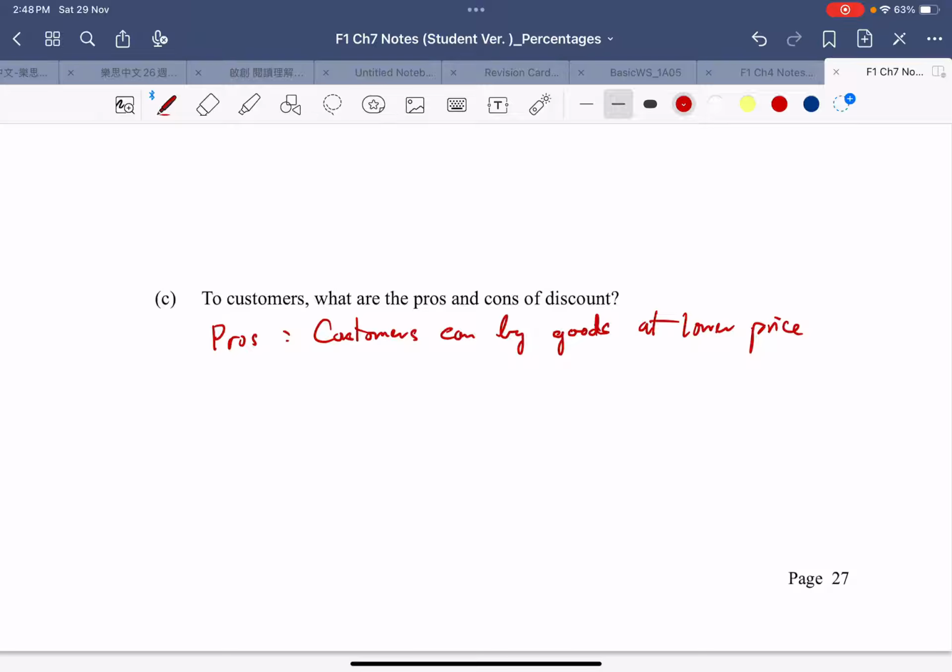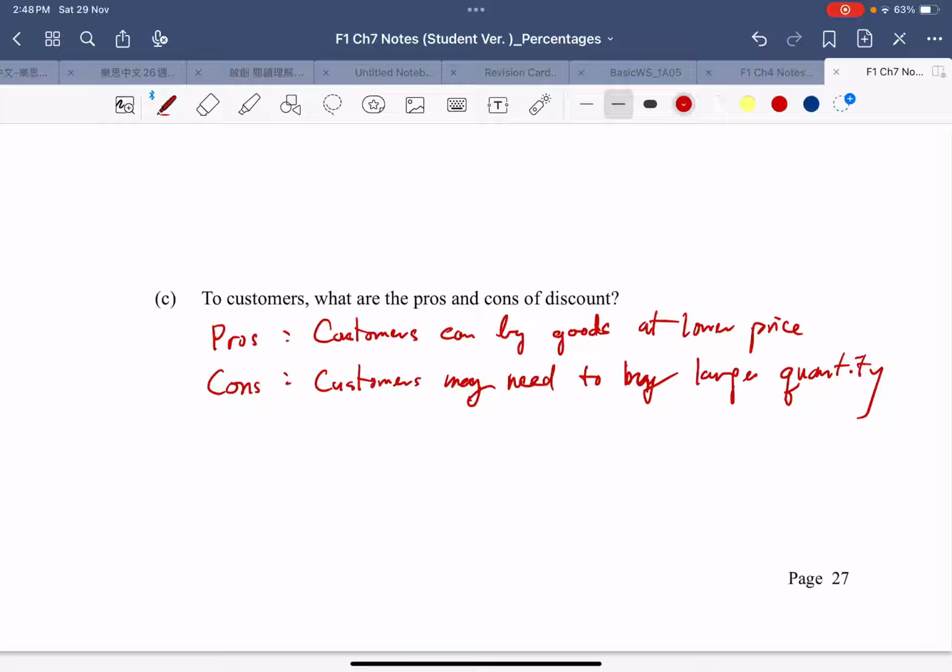Cons: customers may need to buy a larger quantity, which may lead to unnecessary spending.